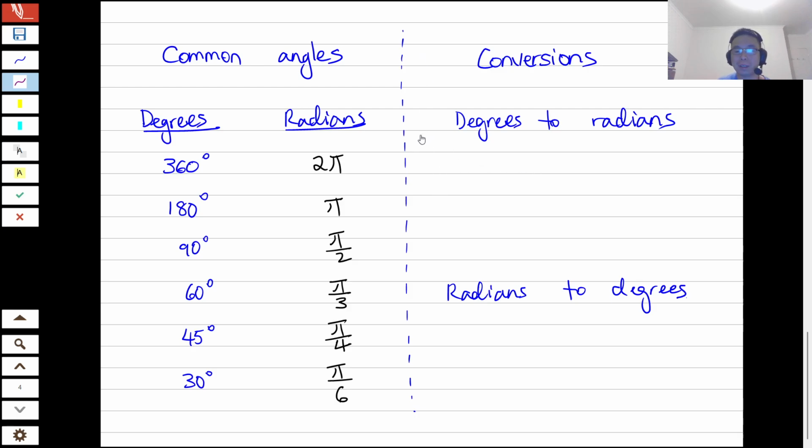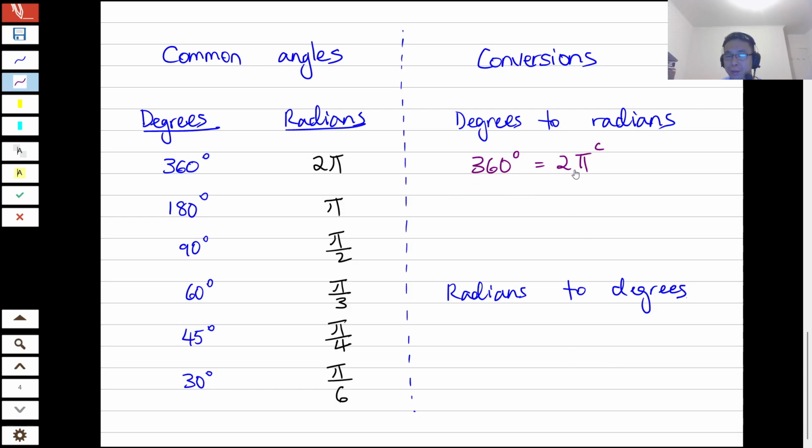Okay, let's conclude with some formulas for converting between these units. For this video only, I will use the symbol lowercase c for radians. If you don't see that symbol, it's implied that the angle is measured in radians. We always write the degree symbol if we intend an angle to be represented with degrees.